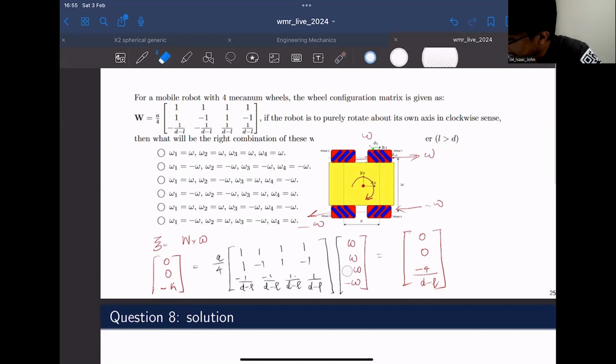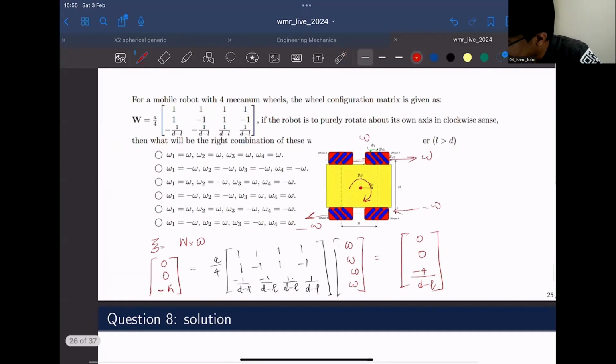So in that case, what happens if you invert this? If it is minus omega, minus omega, plus omega, plus omega, the first two rows are always going to be 0. And the third entry would be plus 4 d by L, right?